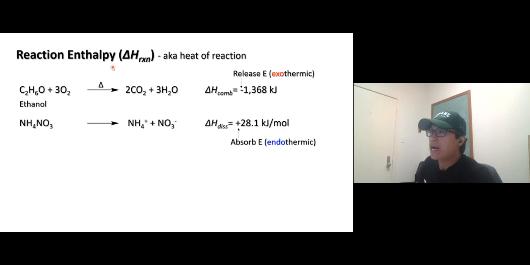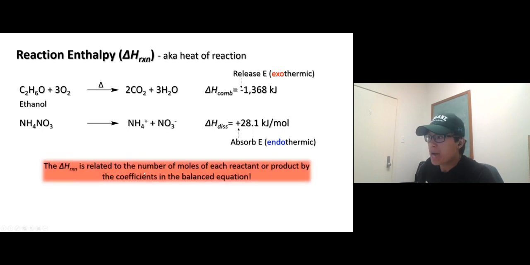Okay, so the enthalpy of reaction relates to the number of moles in the balanced equation. So all the moles, like 1, 3, 2, 3 right here. If you look at the first equation here, it means if you burn 1 mole of ethanol, you will produce 1,368 kilojoules of heat.